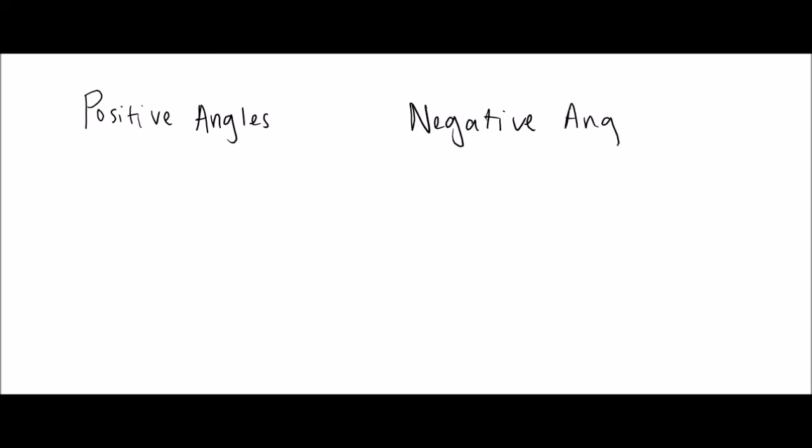Okay, so we're going to start by talking about positive angles. There is a difference between positive and negative angles. And really what this has to do with is the direction that you move in when you're trying to write this angle.